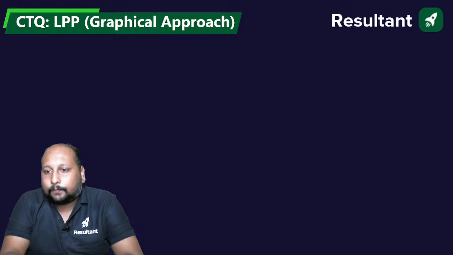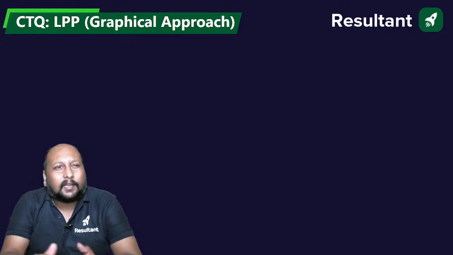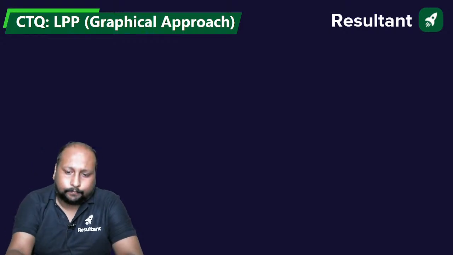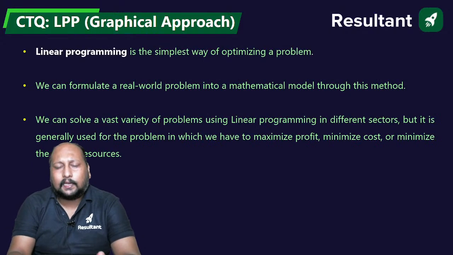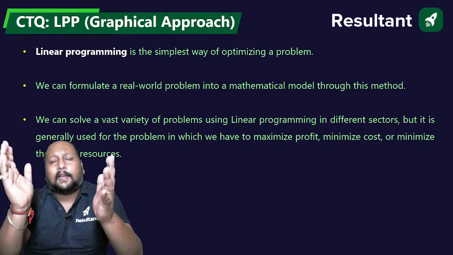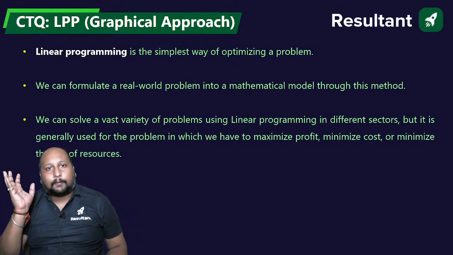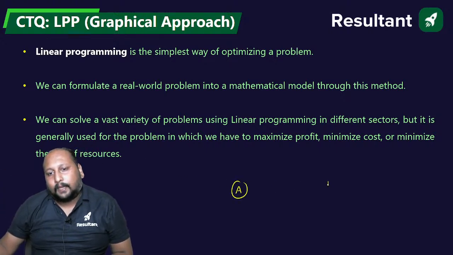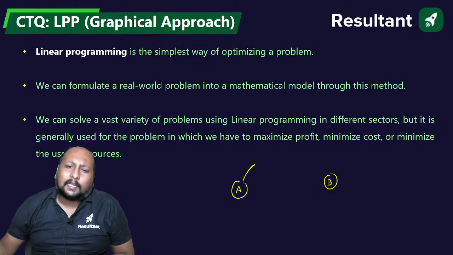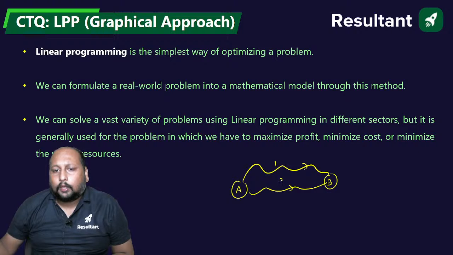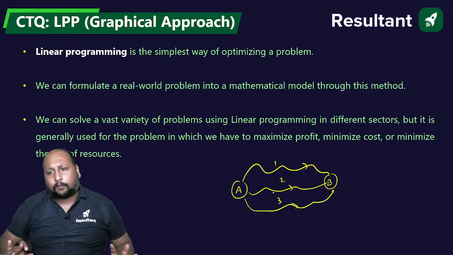So everyone, please let me know what is the meaning of LPP and why we are using it. LPP is basically the best tool for optimizing any problem. Let us take an example. You want to go from point A to point B, and there are several pathways. We have path 1, path 2, path 3, let's say 4 to 5 different pathways.